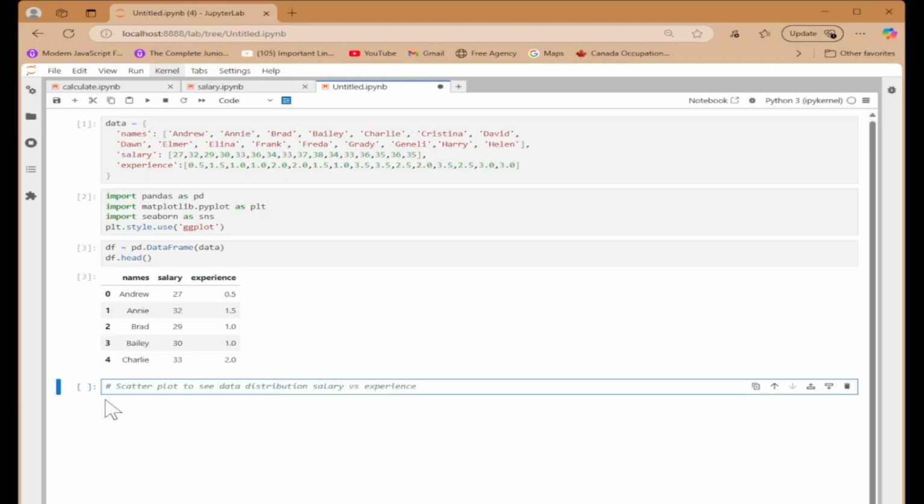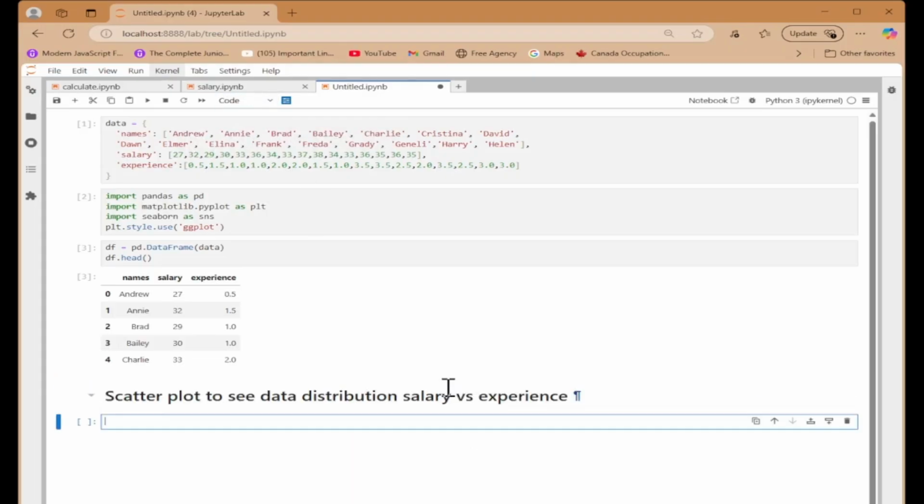Okay, so that is what we will do. Let me mark it down. All right, shift enter.